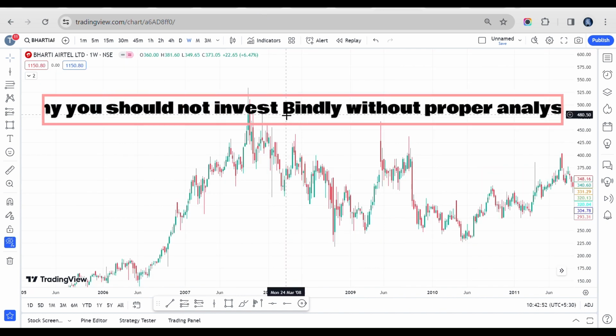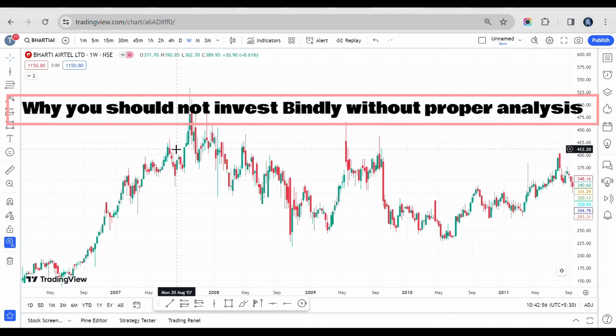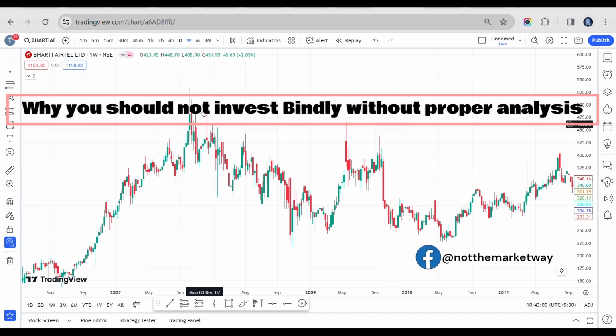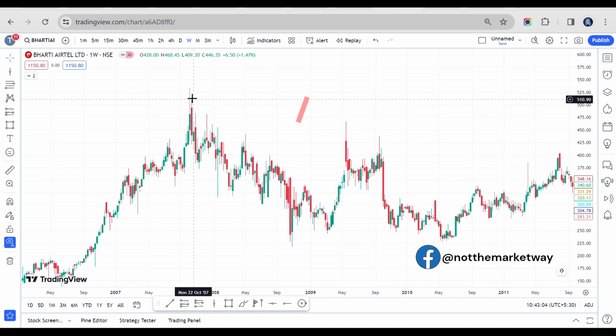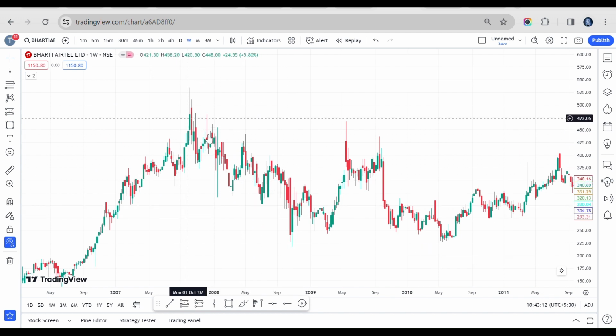So traders, let's see, if you invest blindly without proper analysis, what will happen? Suppose you bought at this point, that means when the stock starts to trade at its highest point, if you invest at this point without a proper analysis, see what will happen. Your buying point is this and the stock starts to fall. This is where you start sitting in loss, right?